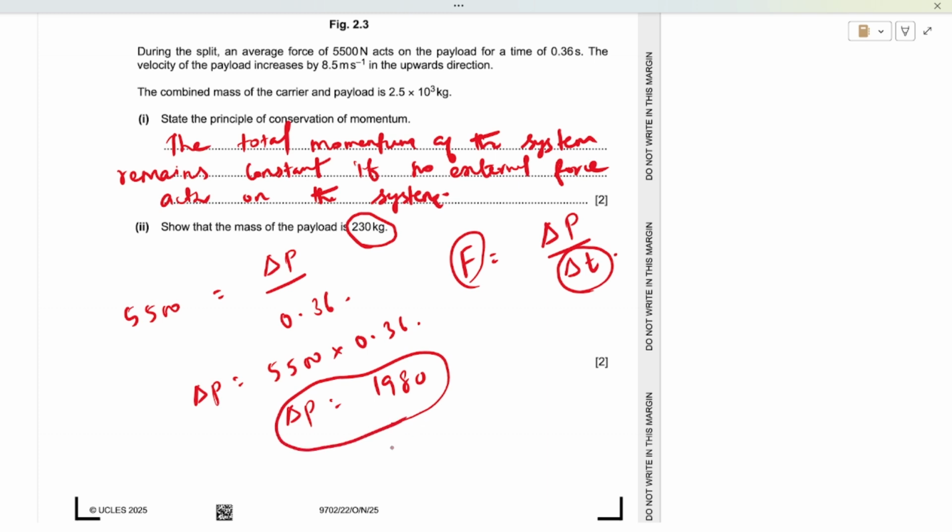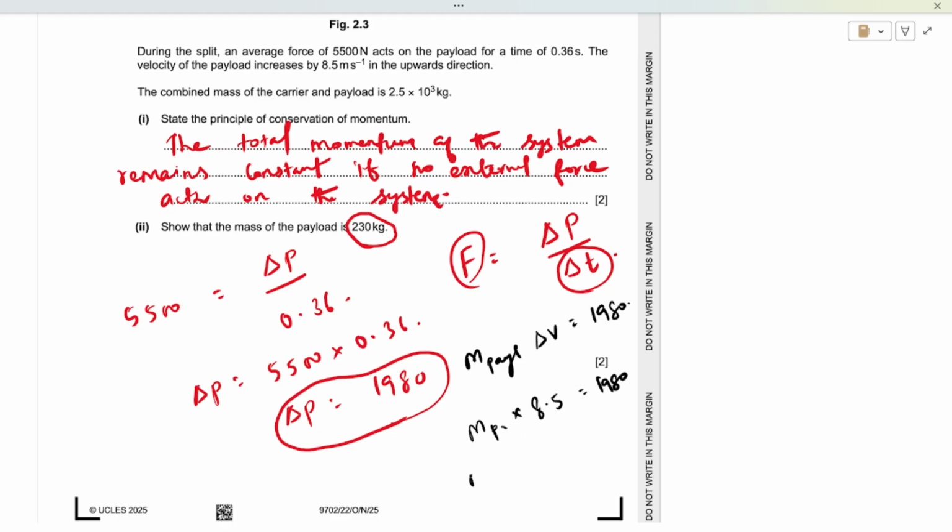This is the change in the momentum of the payload. We know the momentum formula is nothing but the mass of the payload times the change in velocity, which is equal to 1980. We don't know the mass. So the mass of the payload times the velocity, which they had provided as 8.5, is equal to 1980.